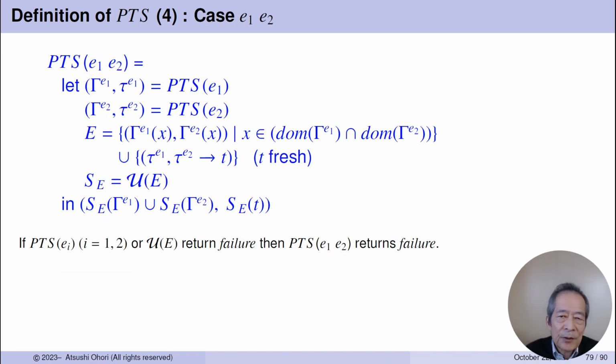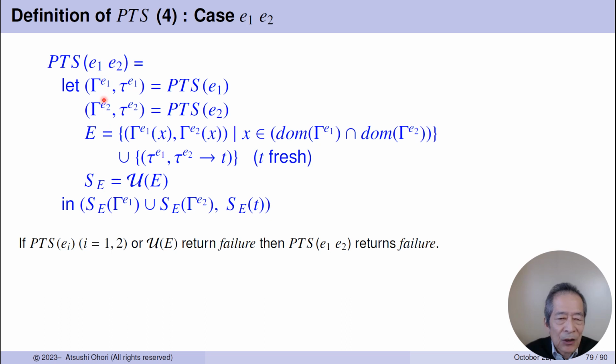With the preparation we have just done, we can now define the PTS for the case of this application term. Here's the definition. We recursively call E1 and E2 and get a principal typing for E1 and a principal typing for E2. And then make an equation: the type of the common variable in gamma E1 and gamma E2.